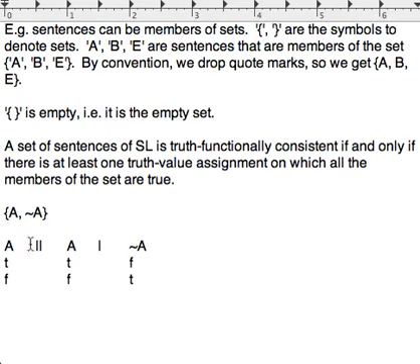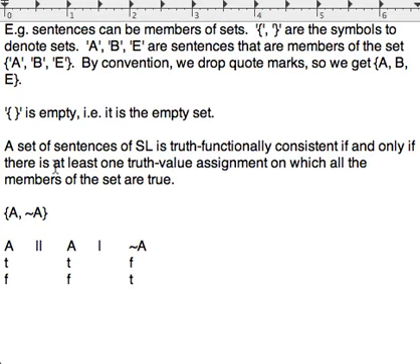So there's no truth value assignment on which both of them are true, which means this set fails to be truth functionally consistent. Why? Because the second part of this biconditional is not met.